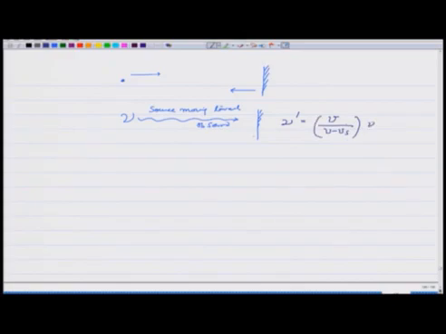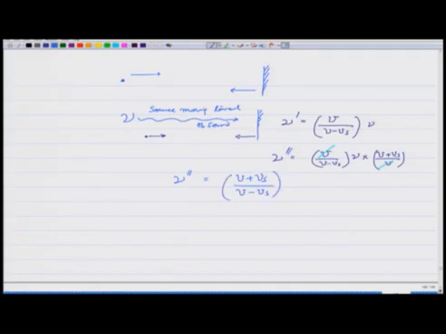And this frequency is emitted back or reflected by the wall, and now the person hearing it becomes the observer. So, it is now the observer moving towards the source, and nu double prime is therefore going to be v over v minus vs times nu, which is the frequency coming towards the person, times v plus v source divided by v. So, this v cancels, and the person is going to hear nu double prime, which is equal to v plus vs divided by v minus vs times nu.